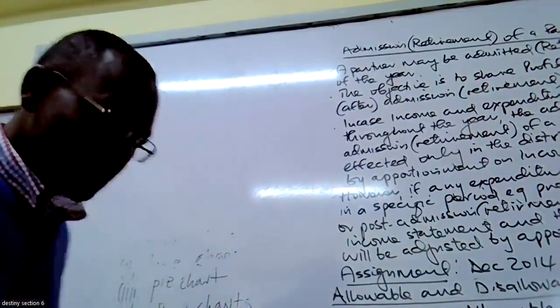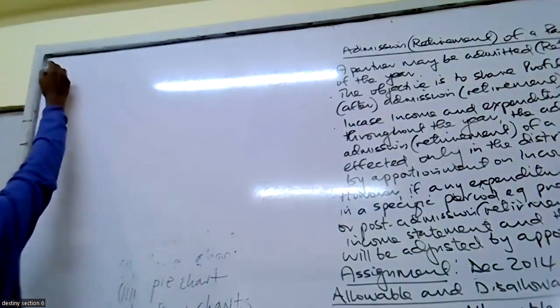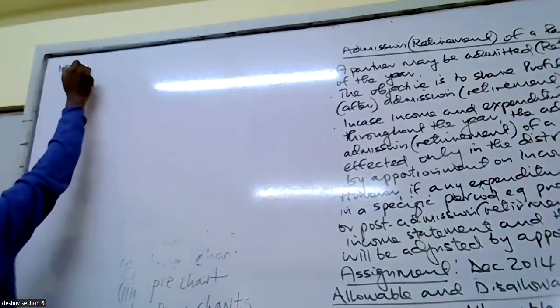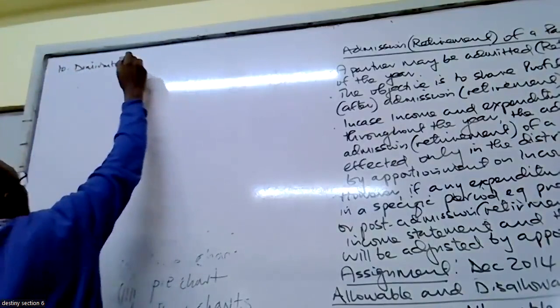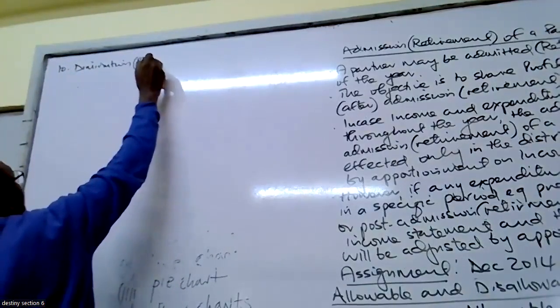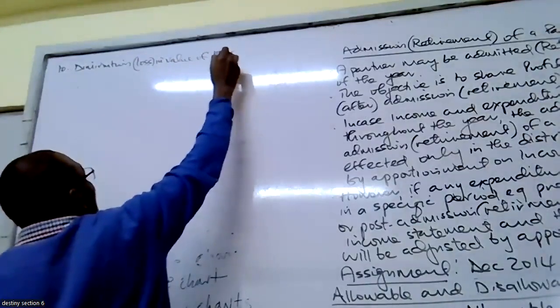So we are talking about diminution, and this is 10. Diminution or loss in value of loose tools.